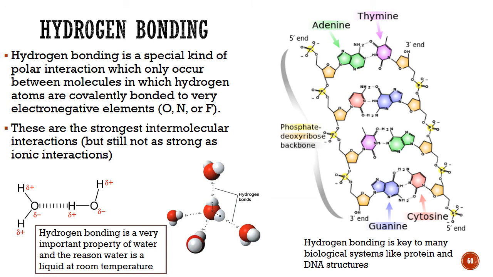An adenine and a thymine are held together by hydrogen bonds between an H on an N attracted to an O, and an H on an N attracted to another N. The guanine and cytosine, same thing. You've got hydrogen bonds between the H's attached to N's and attracted to O's, or H's attached to N's and attracted to other N's. So it's these hydrogen bonds that hold many, many biological systems together. So it's a very important attraction.